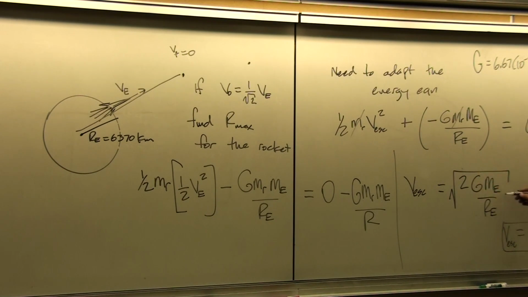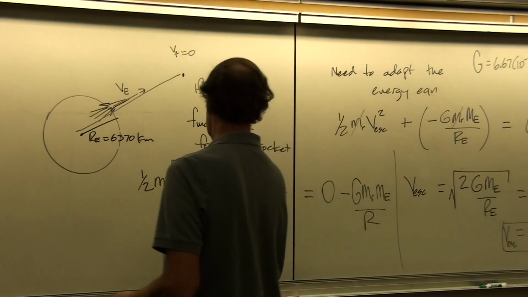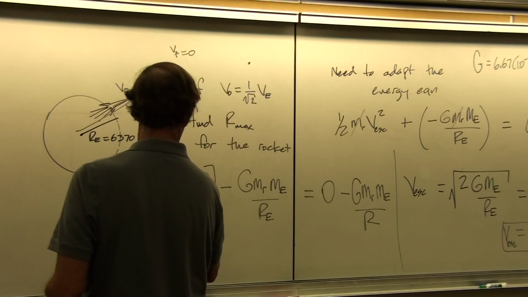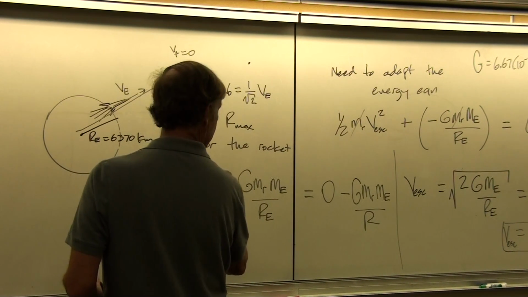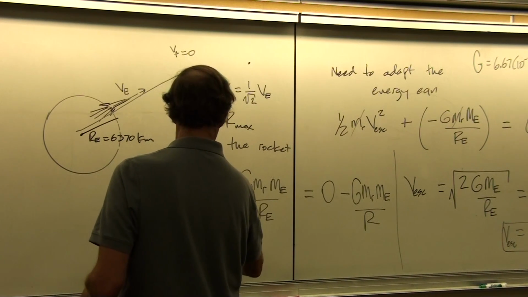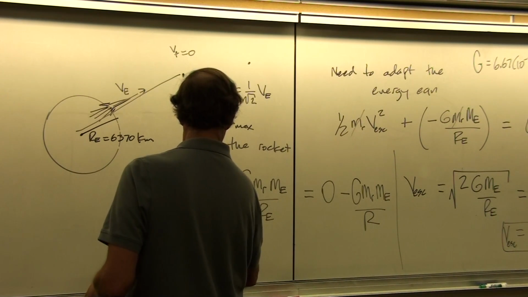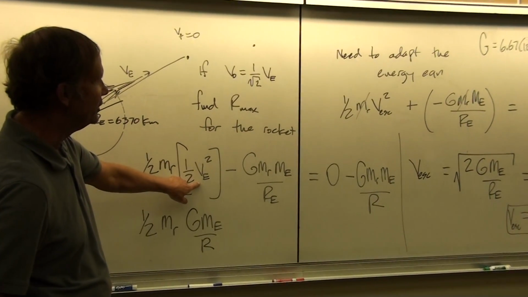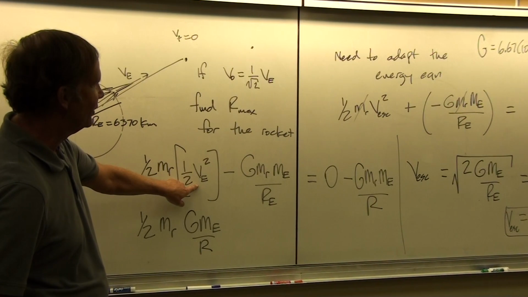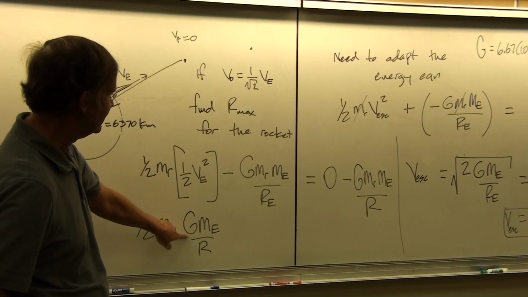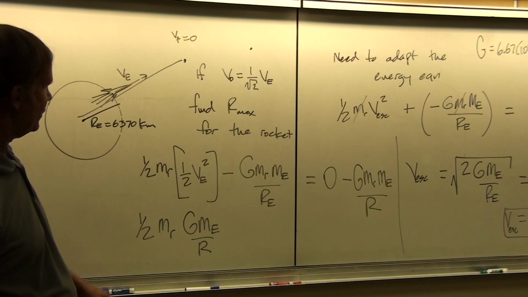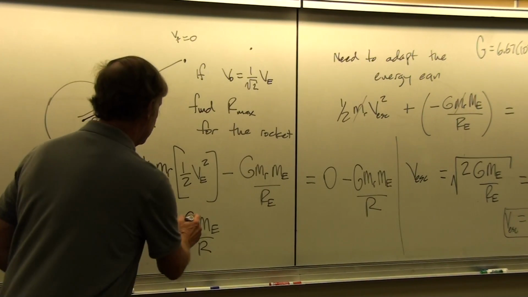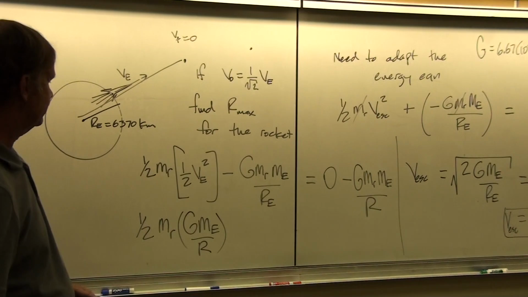Here we have V escape. So 1/2 of V escape squared is just going to be equal to 1/2 times mR times G me over RE, because V escape is the square root of 2 G me over RE. And this is 1 over the square root of 2, so that just squares that, but with the 2 taken out.